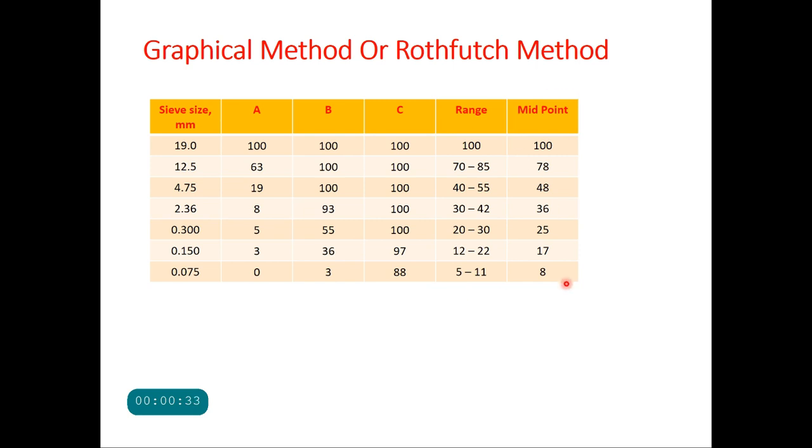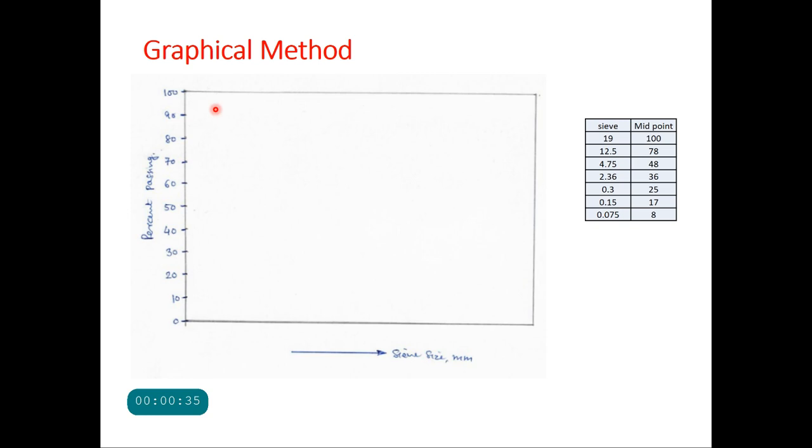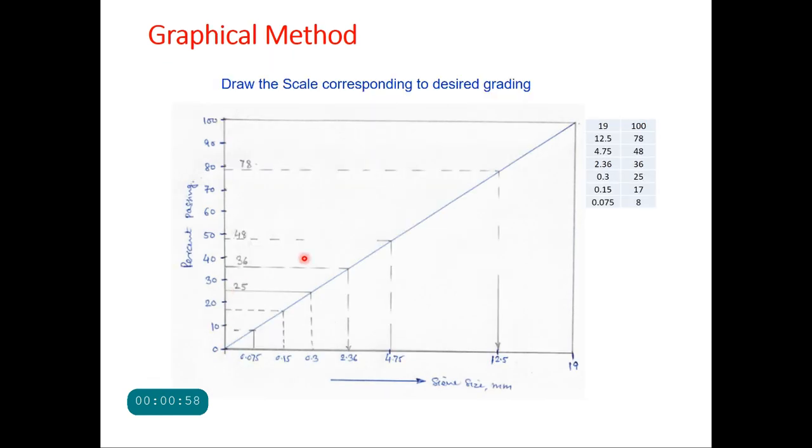So what we do here, we take one graph paper, and on this graph paper you draw a rectangle. The height of this rectangle is taken as 10 centimeters, and it is divided into 10 equal parts, and this represents percent passing. Now this is the grading which is required, the midpoint of the grading, which is the target. So we draw a diagonal here, and we assume that this diagonal represents this desired grading, and we set the scale on the x-axis accordingly.